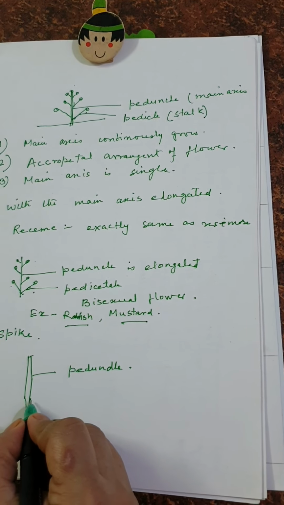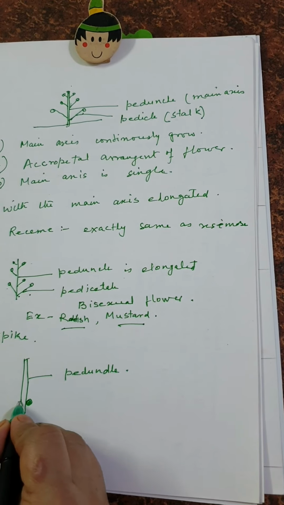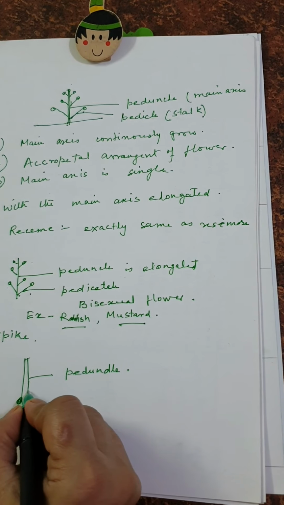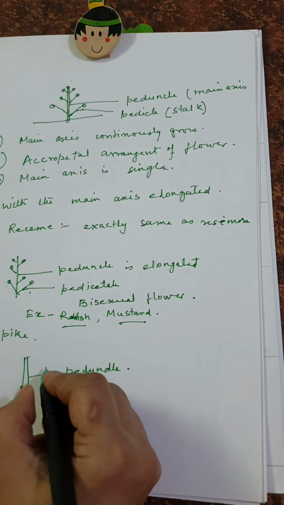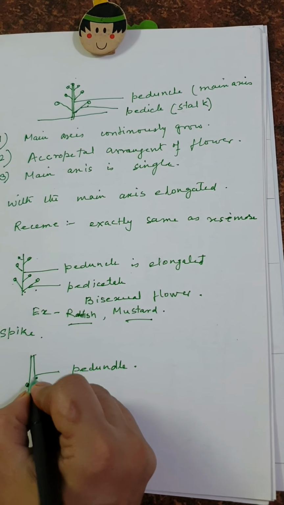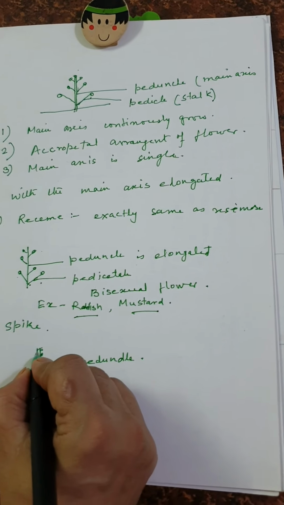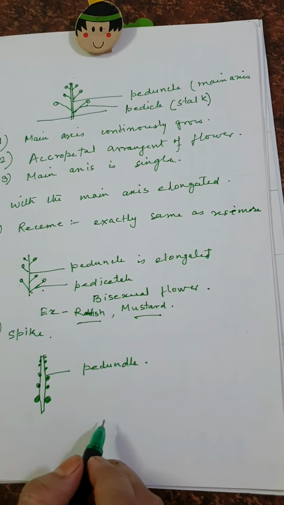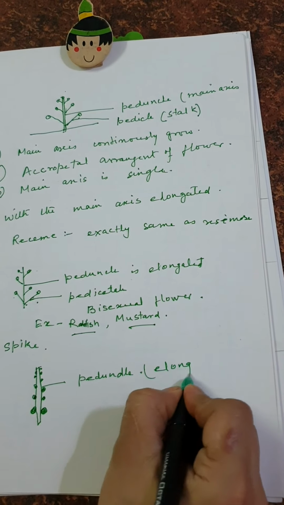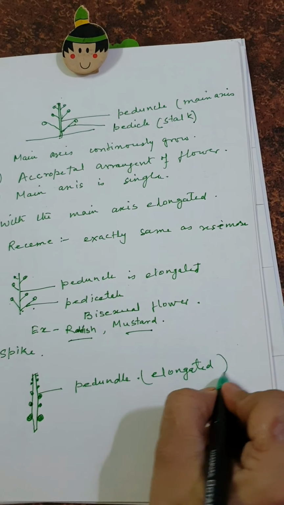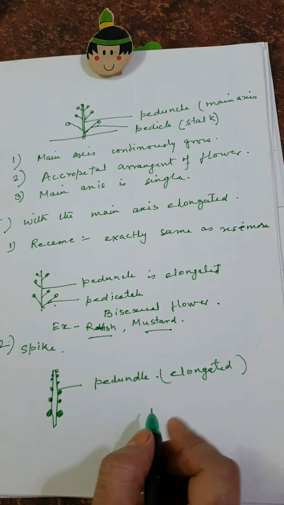Flowers are directly attached to the peduncle in an acropetal manner, older at the base and younger at the tip. So in spike, the peduncle is elongated, but the flowers are sessile. An example is Achyranthes.